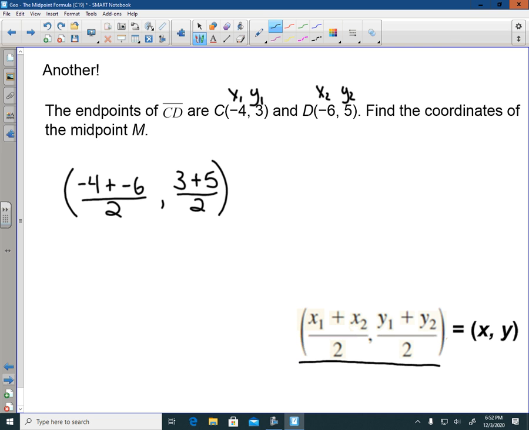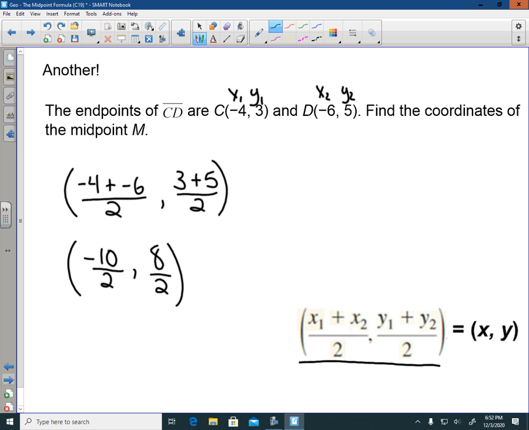All right, simplifying on top, we have -4 plus -6, which is the same as -4 minus 6. So if you start at -4, and then you go more negative 6 places, you're going to get -10 over 2, comma. 3 plus 5 is 8 over 2.